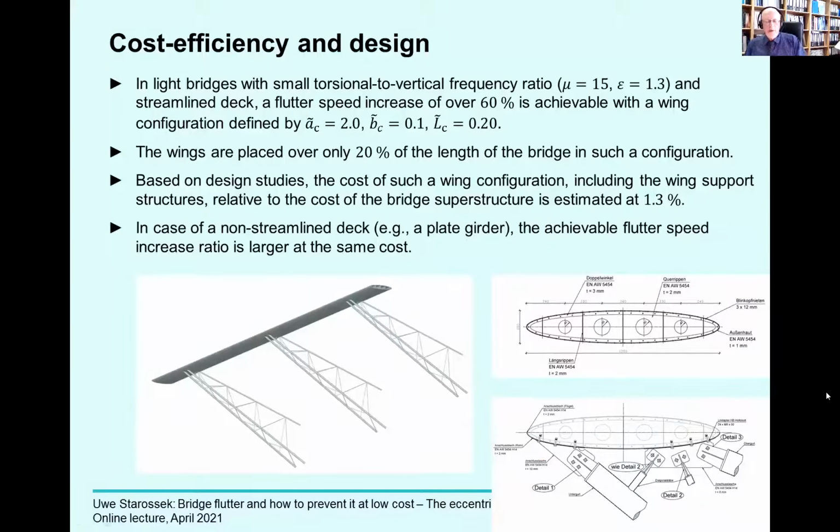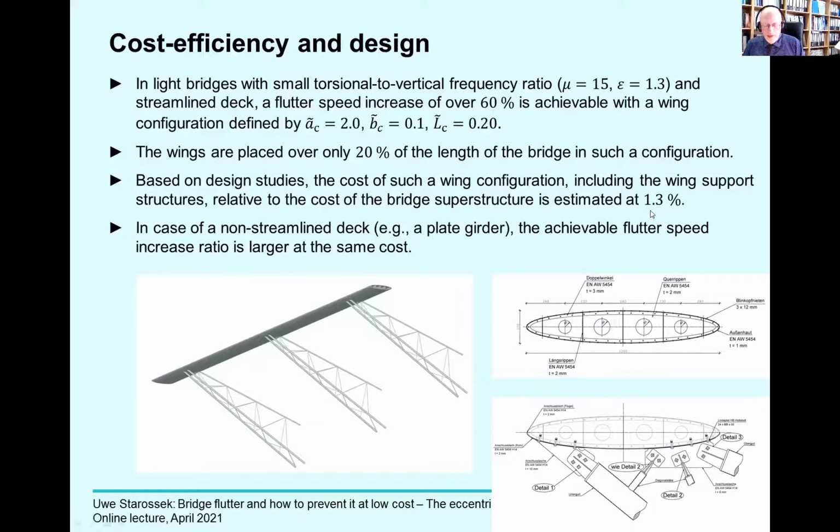We have seen that in certain cases, a significant increase in flutter speed can be achieved with wings that extend over just 20% of the bridge length. Design studies for such a wing configuration have been made, and it was found that the corresponding cost of the wings and their support structures is on the order of 1.3% of the cost of the bridge superstructure.